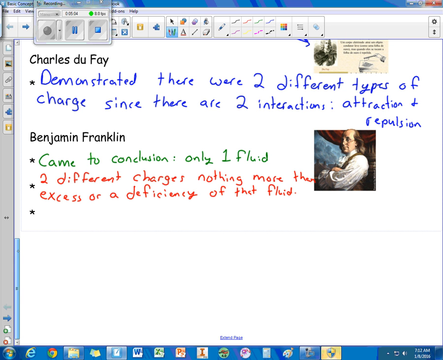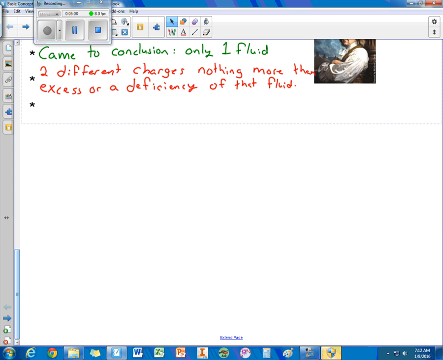What Franklin said was that if an object lost fluid, it became negatively charged, while the other object would become positively charged because it gained fluid.